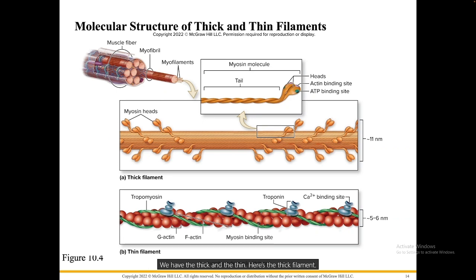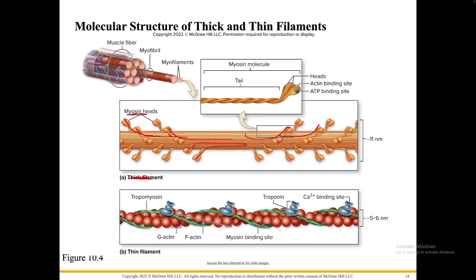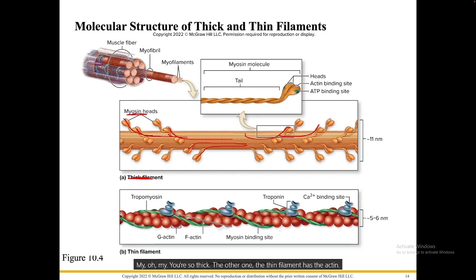We have the thick and the thin. Here's the thick filament. It's like a thick piece of cable. And each of these has a little head to it. And so all of these, we could track them down, like there's the head that goes with that. But each of these, this is what actually makes the thick part. There's a little head that sticks up. Thick has the myosin. My oh my, you're so thick.